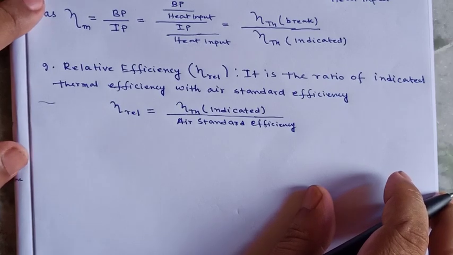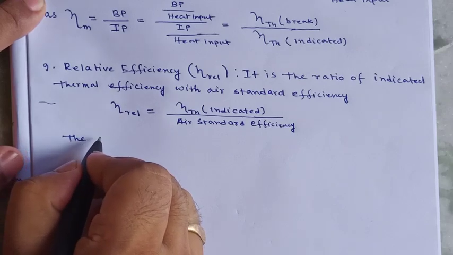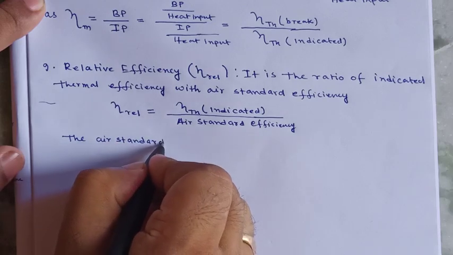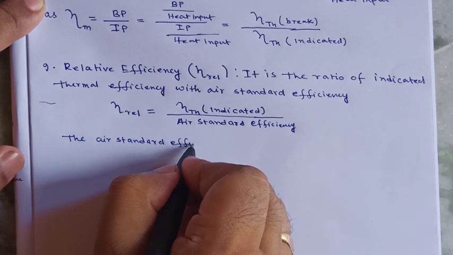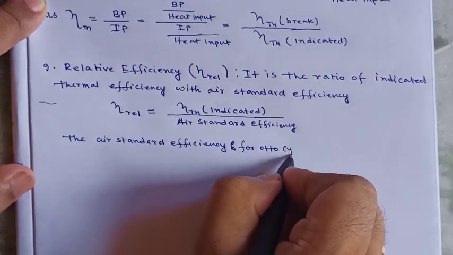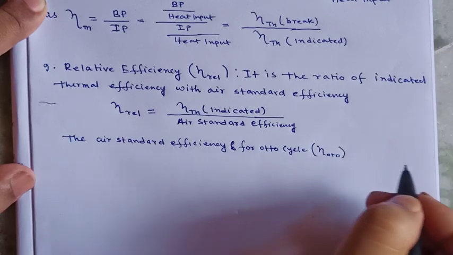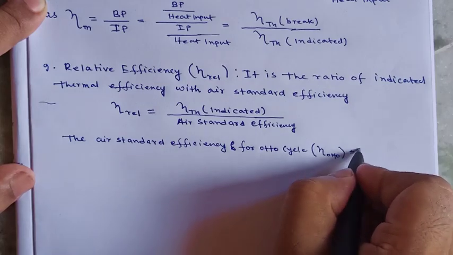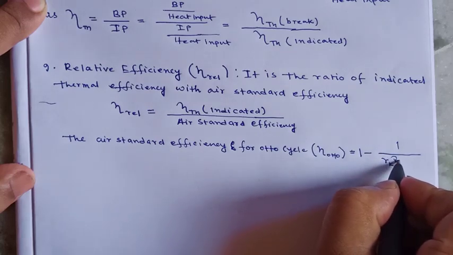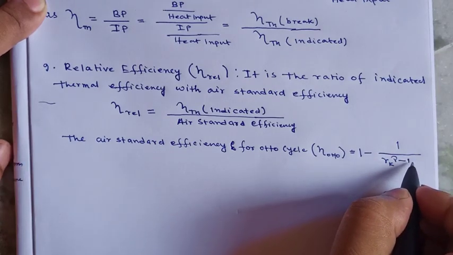Now, what is air standard efficiency? The air standard efficiency for Otto cycle equals 1 minus 1 by Rk to the power gamma minus 1.